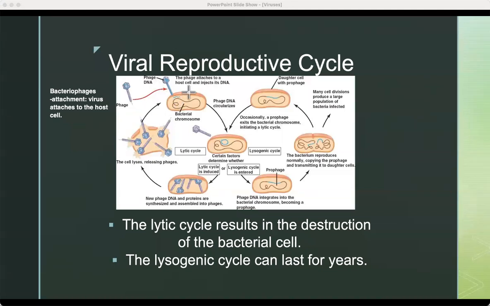So in my picture here we have the phage. Remember, bacteriophages are often called just phages. And it is attaching to a bacterial cell, E. coli. So it attaches to the host cell, then it injects its genetic information, which in this case is DNA.